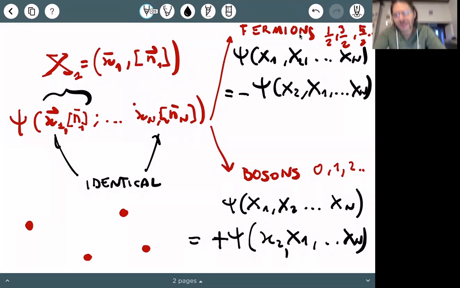It looks like nature, through the sign of the wave function, knows that you're swapping the particles, even if the particles are identical.